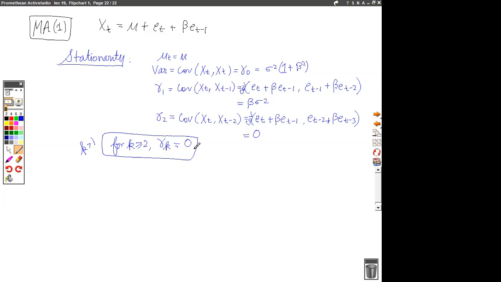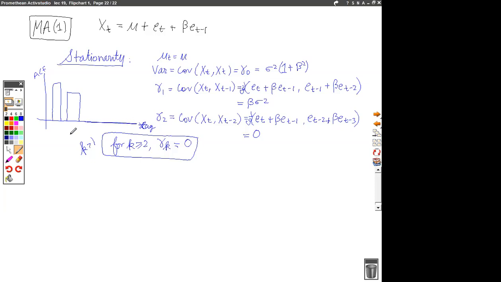So you know that if you plot an ACF of your sample, so this is your lag, you get some value here and another value here and then you get no values here.